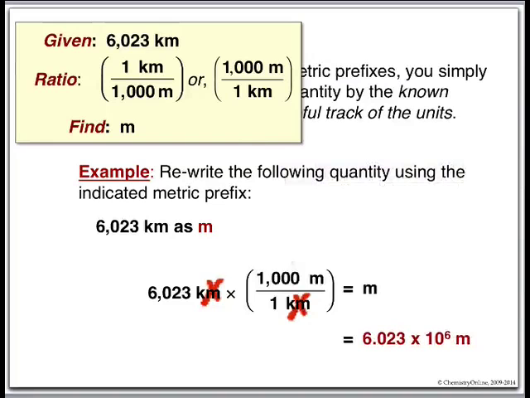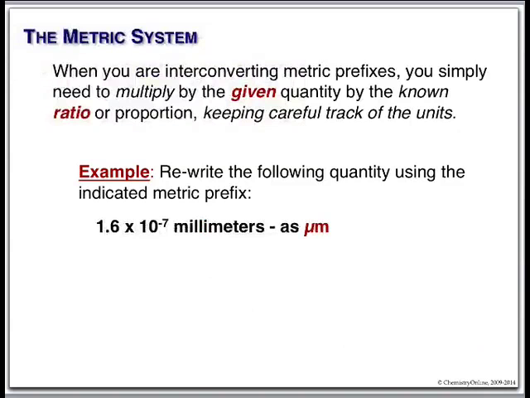Now we took the method and we elaborated it just a little bit. We said if you require more than one conversion, all you have to do is stick in more and more ratios. For example, millimeters to micrometers. There is no one simple ratio that's going to do that.